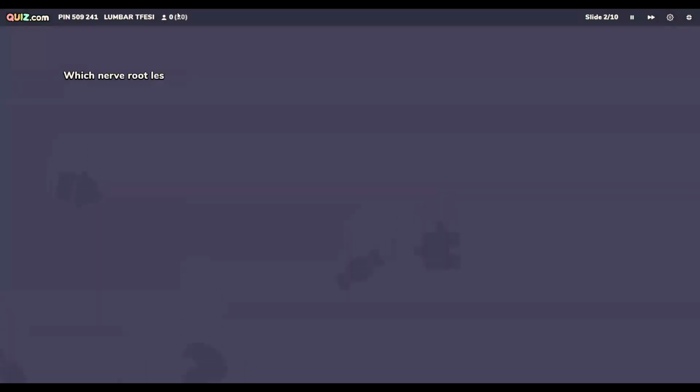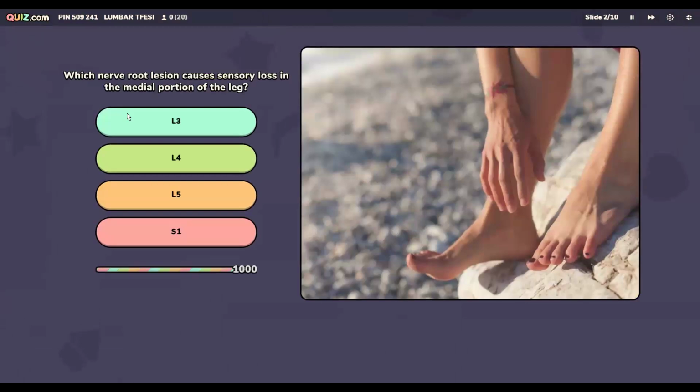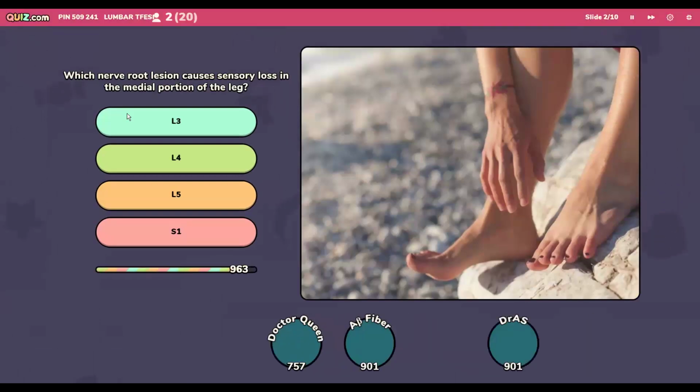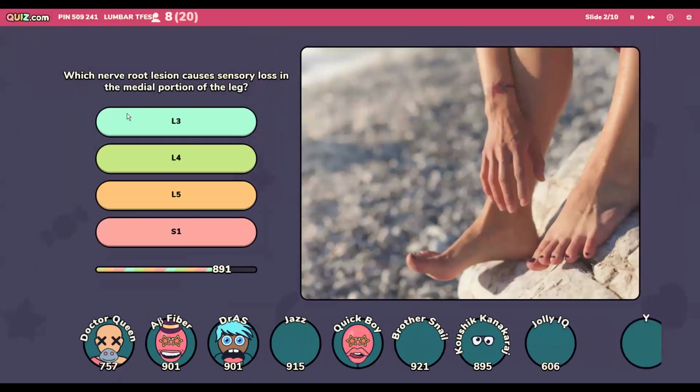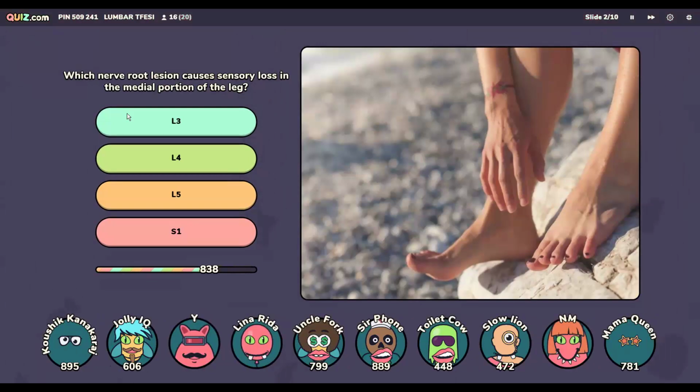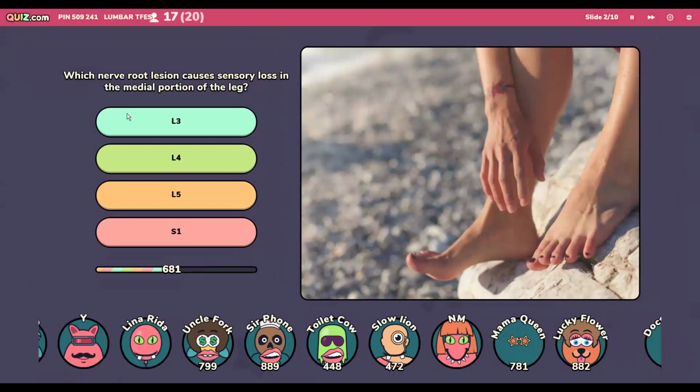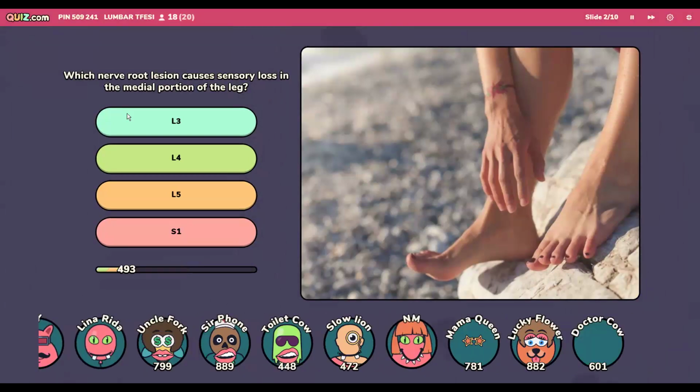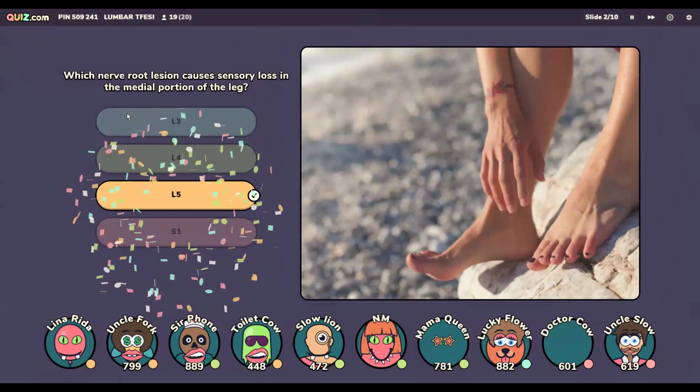Which nerve root lesion causes sensory loss in the medial portion of the leg? L5.